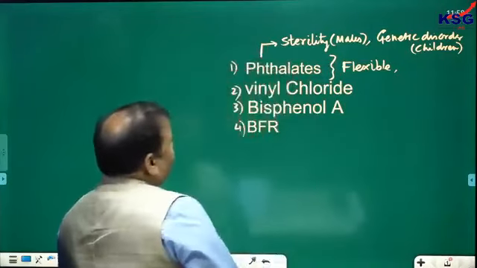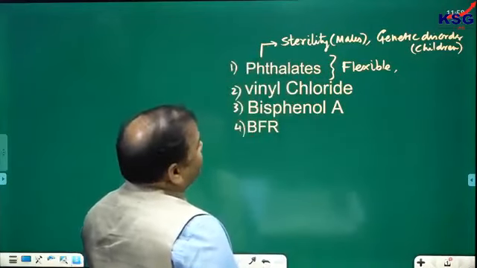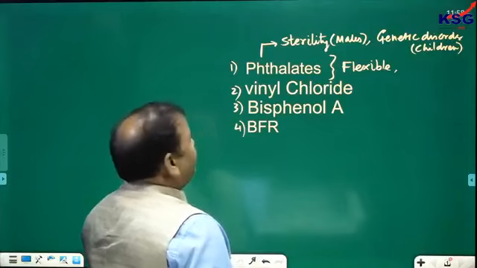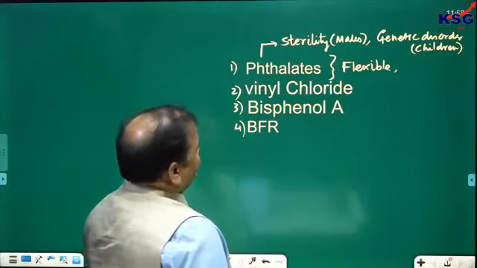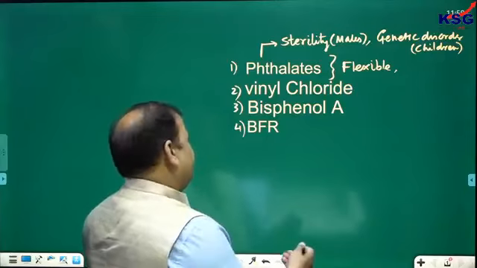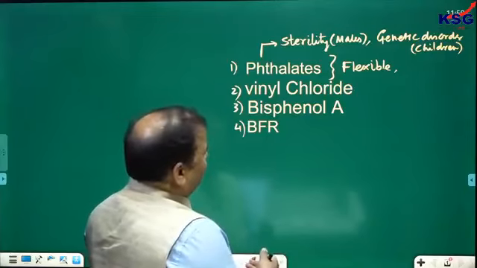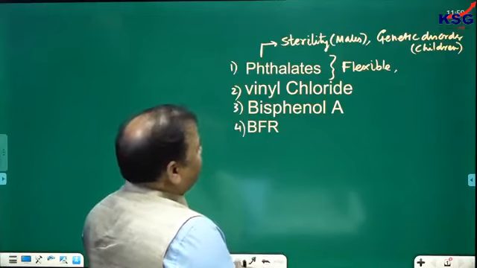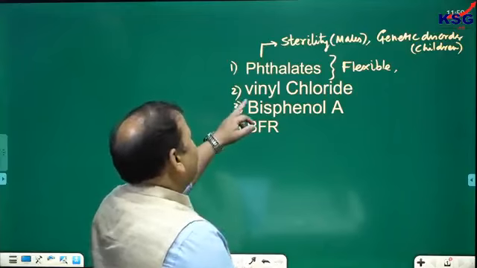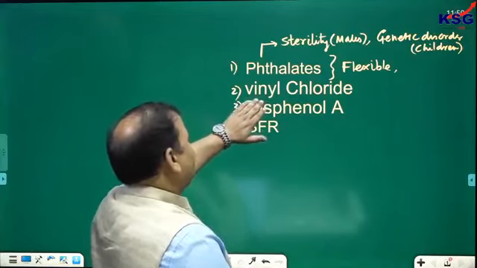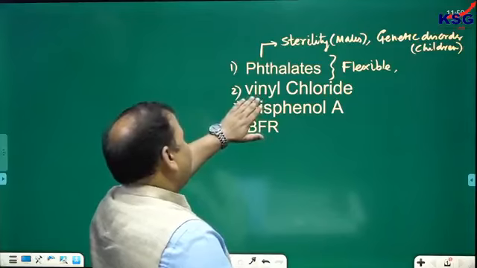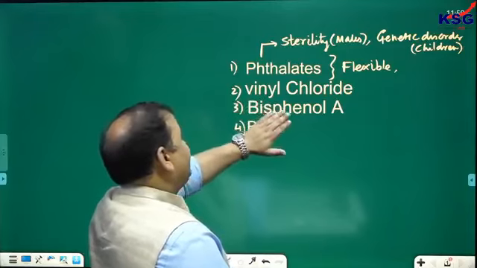And when we are talking about vinyl chloride, we can see that vinyl chloride is used for what purpose? Vinyl chloride is used for making the plastic products more soft, mainly the texture of the plastic products. But what is the adverse impact? Vinyl chloride is responsible for damaging the central nervous system.